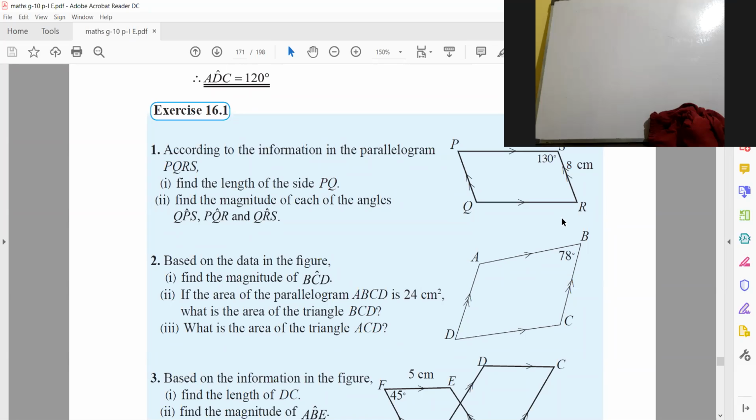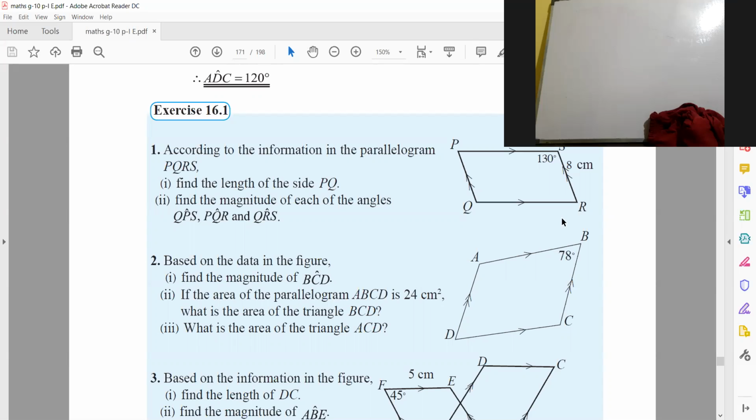And the second part: find the magnitude of each of the angles QPS, this angle, PQR, this angle, QRS, this angle, right? It is given that this angle is 130 degrees, right?